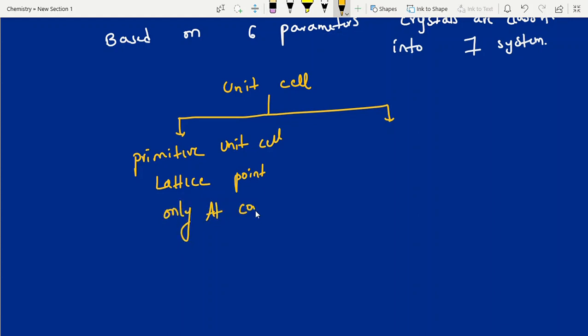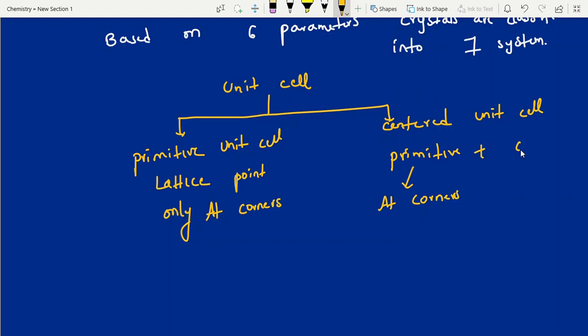Next, this one is the centered unit cell. Centered unit cell means one center is there. Here it is primitive, which definitely means particles at corners, the lattice points I can show. Primitive means particles at corners; centered means particles at corners plus one center, one additional point.